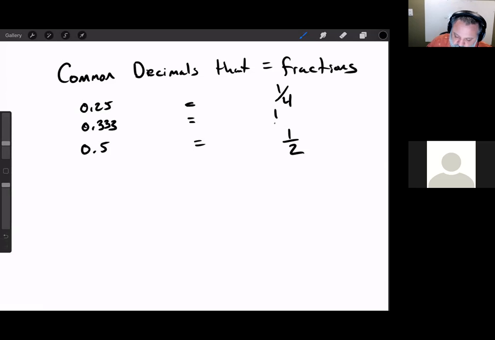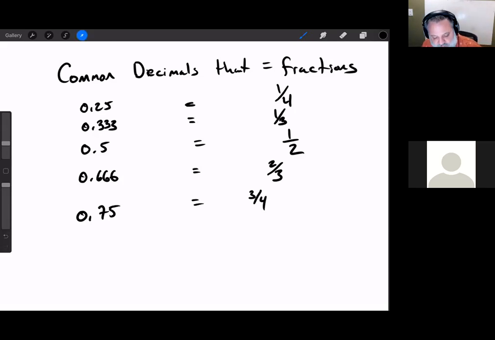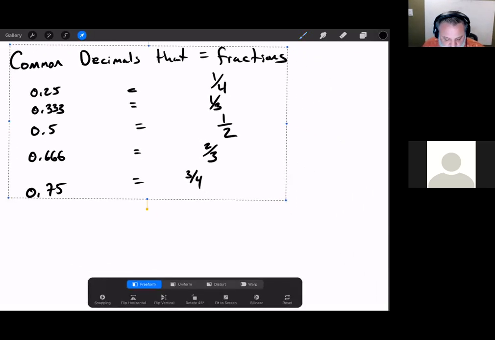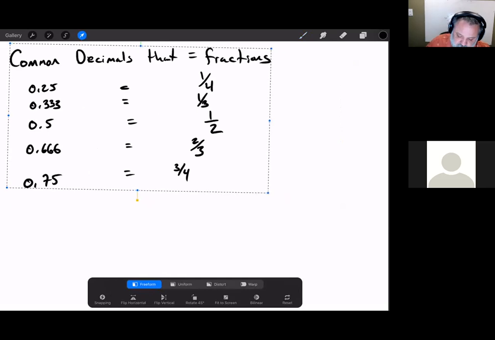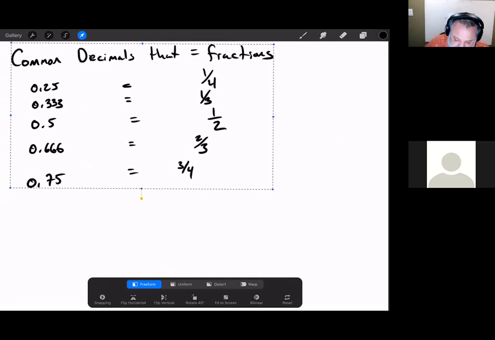This one's 1/3. You've got 0.666, that's 2/3. And 0.75, that's 3/4.